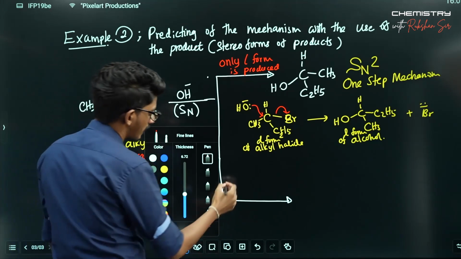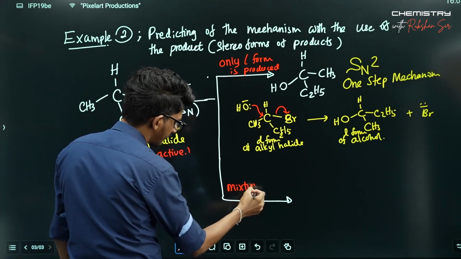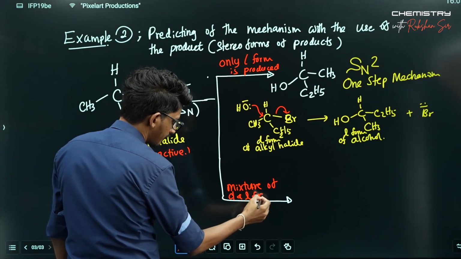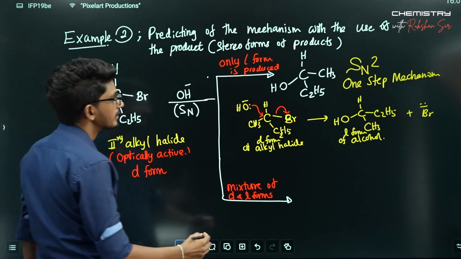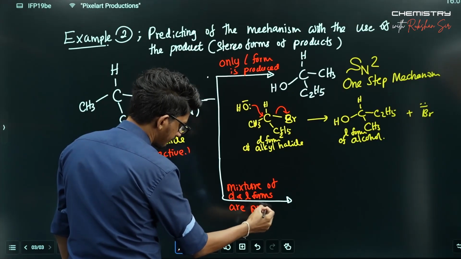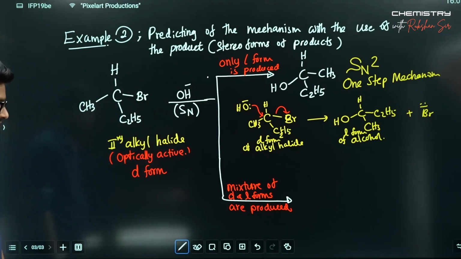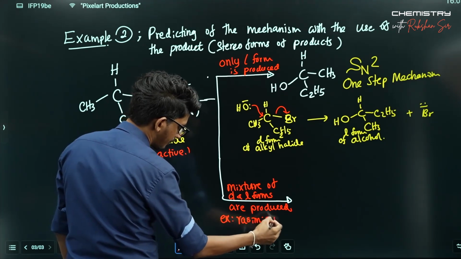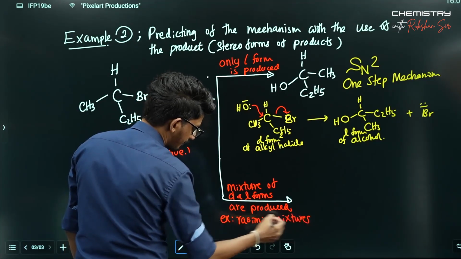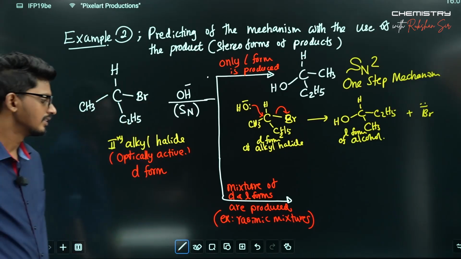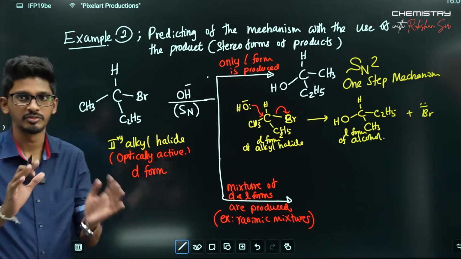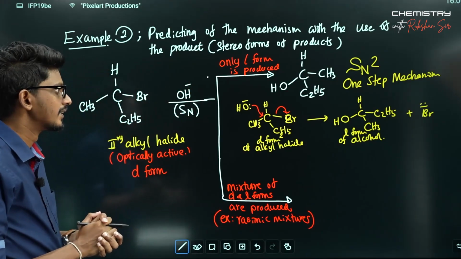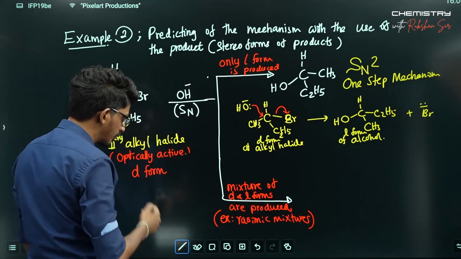If a mixture of D and L forms is produced, most probably racemic mixtures, which contain equal amounts of D and L forms, 50% D form and 50% L form, then it should be due to the two-step mechanism.